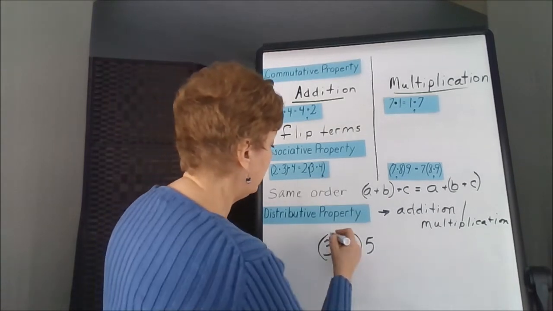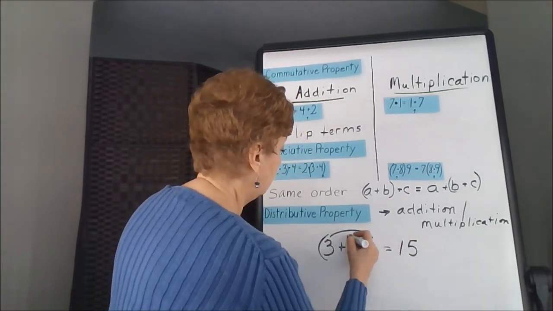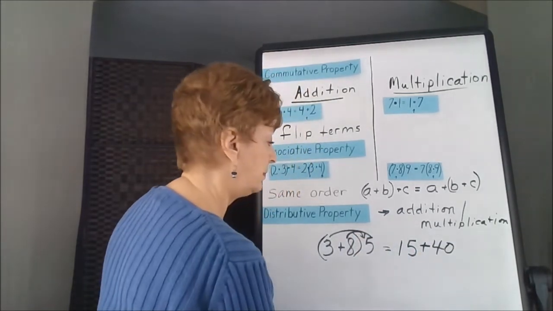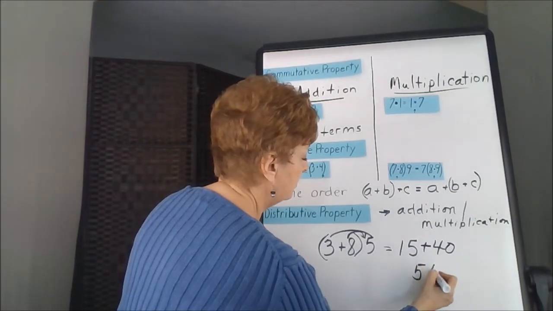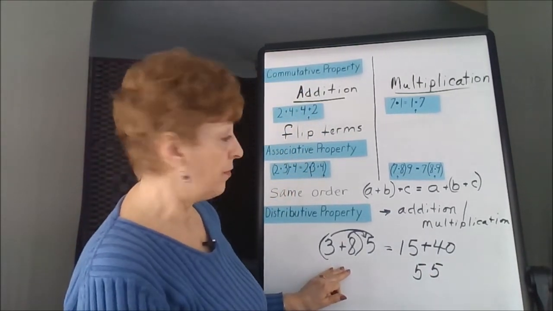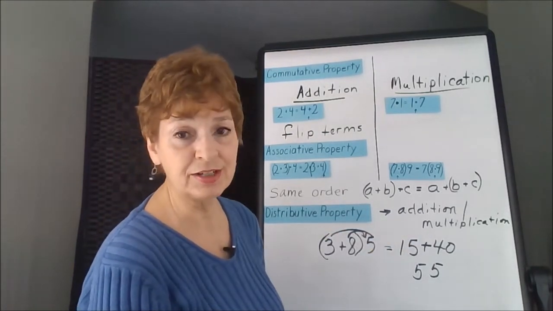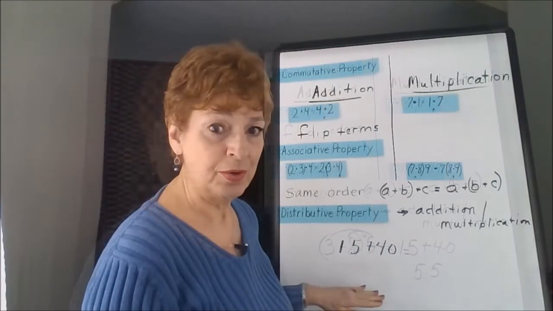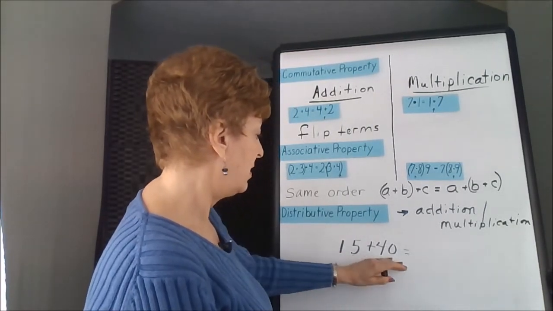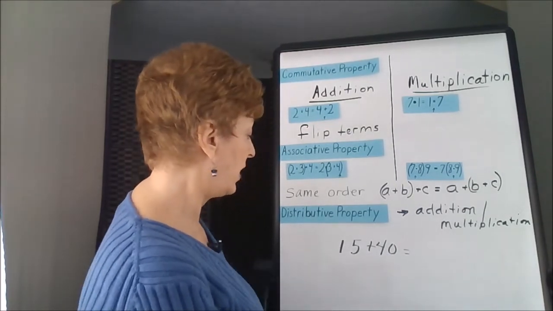So the distributive property involves an addition portion and a multiplication. Another thing you can do with the distributive property is take the factors from 15 and 40.